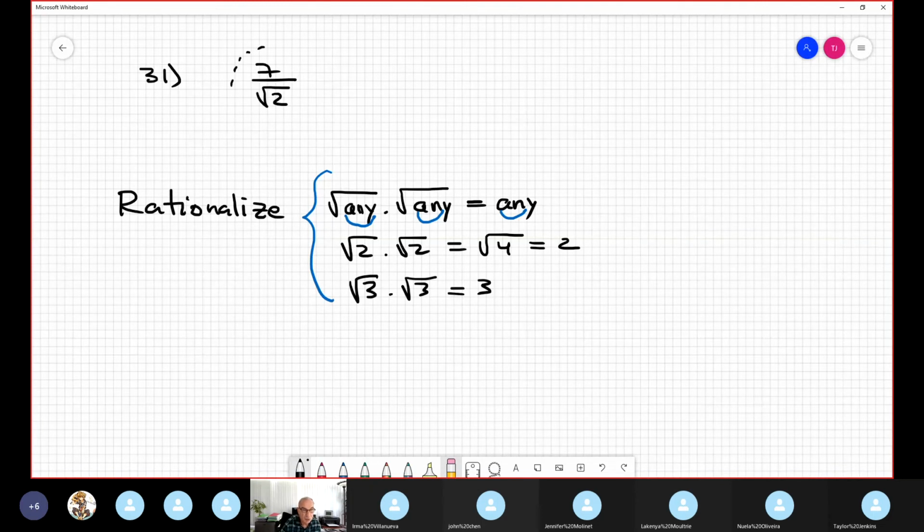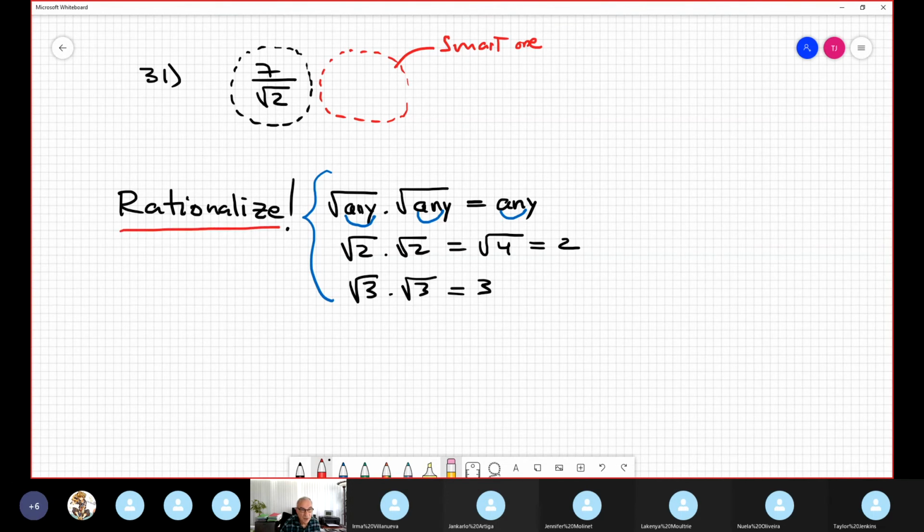So this is my original problem. I want to do something, rationalize. So I create here a smart one that can help me to rationalize. The smart one is you multiply by radical 2 over radical 2, and you know that any expression divided by itself is 1.